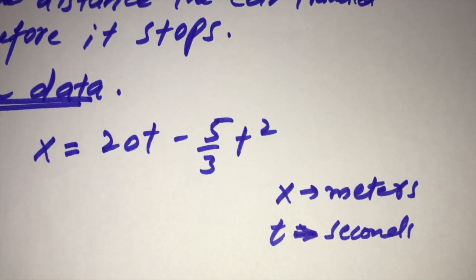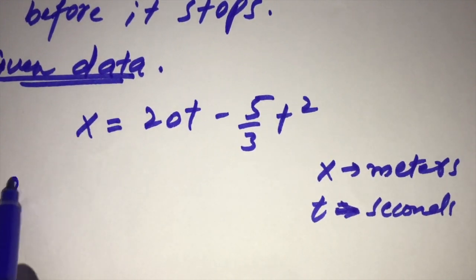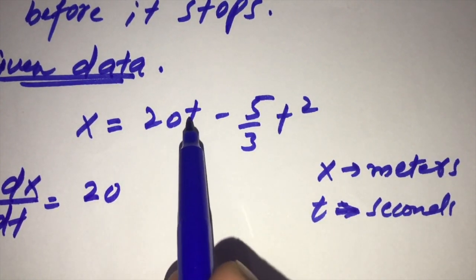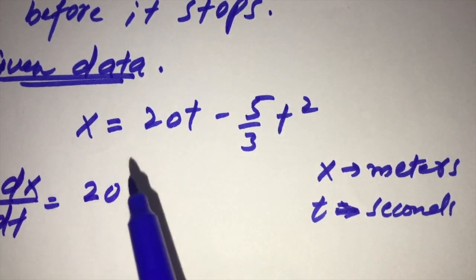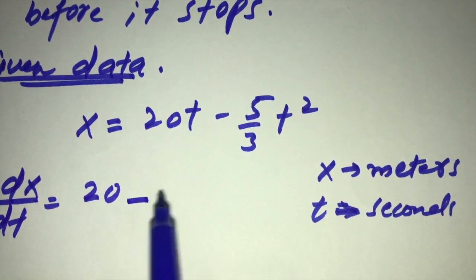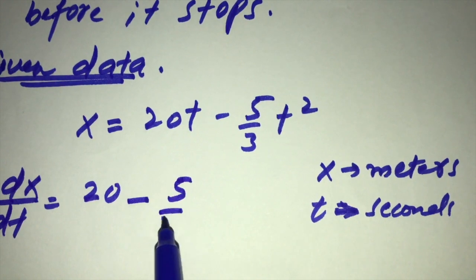So now take the derivative, dx by dt is equal to 20. Take the 20 out, and the derivative dt by dt is equal to 1, so 20 is left, minus 5 by 3.